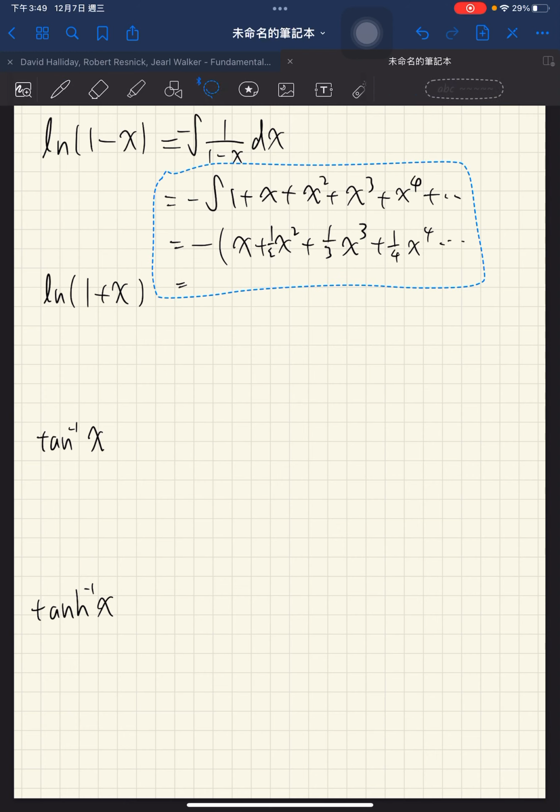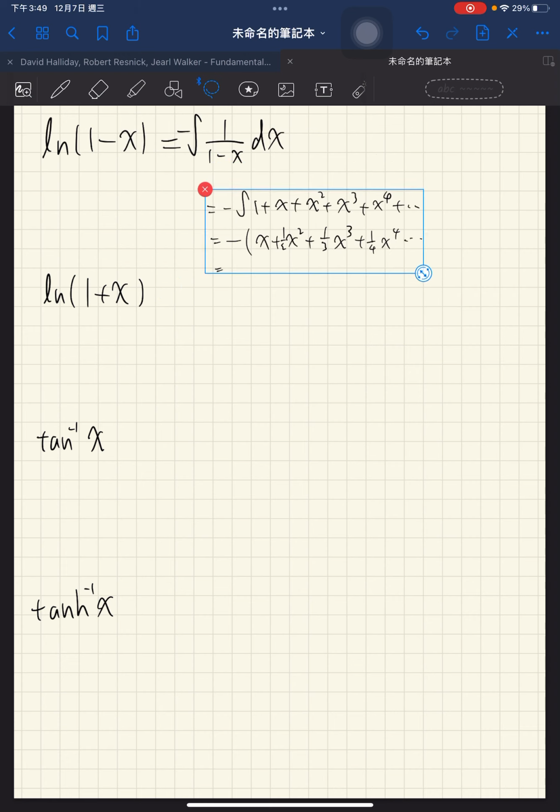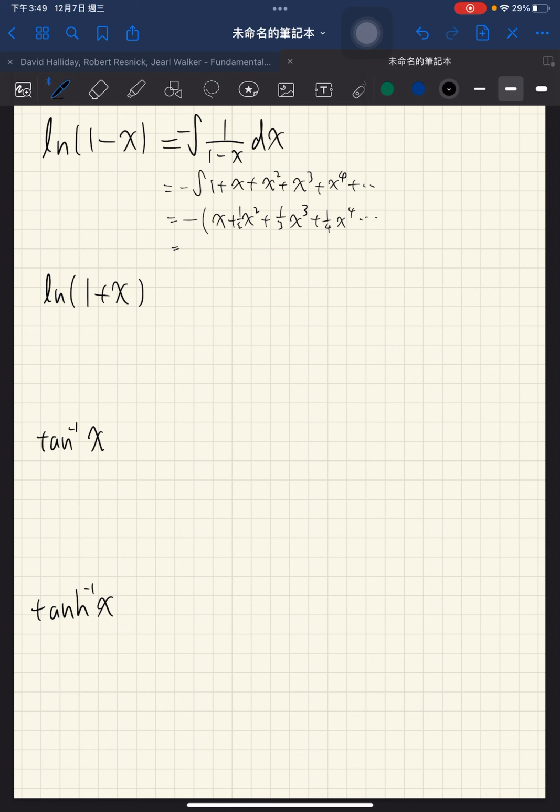Let me adjust the size. Just negative ln of 1 minus x equals x plus half of x squared plus 1/3 of x cubed, and so on. Because we use this, x is also smaller than 1 in absolute value.